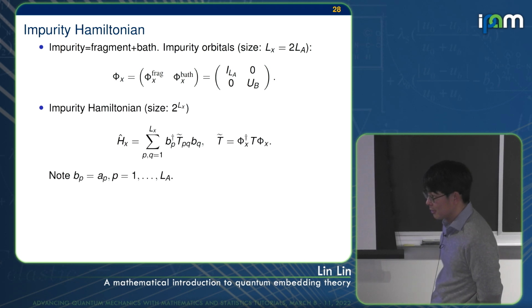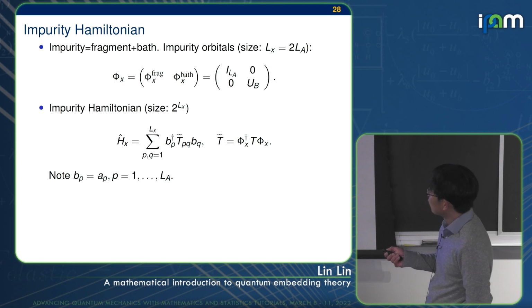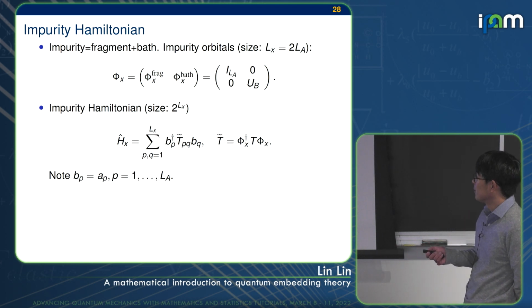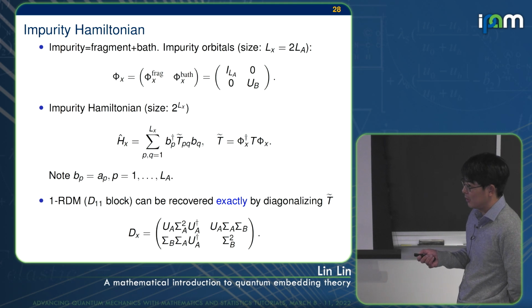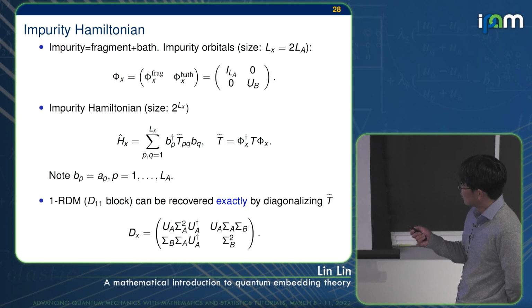The impurity Hamiltonian, I hope that answers your question, is defined this way, which means that the first LA columns are literally equal to AP. The second LA columns you obtain through this linear combination.